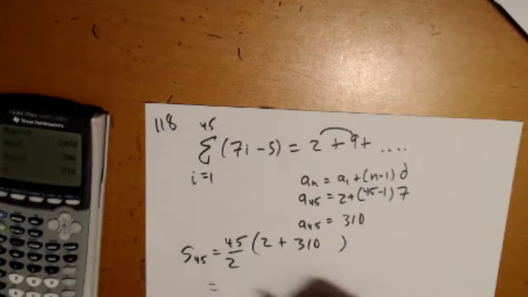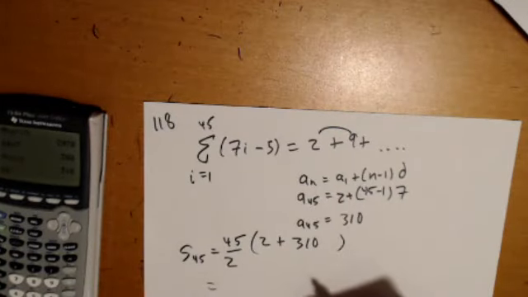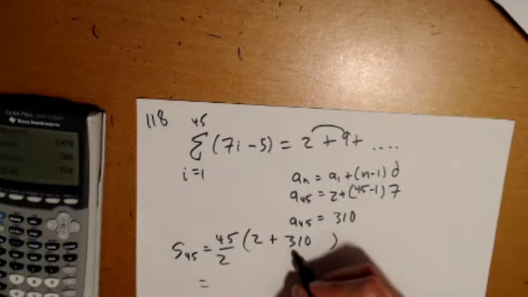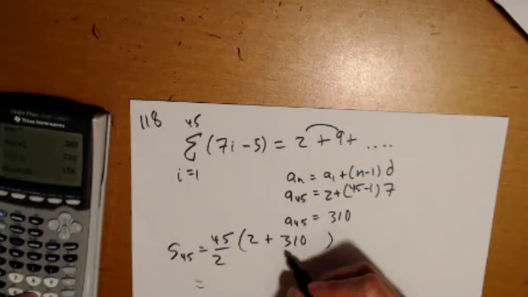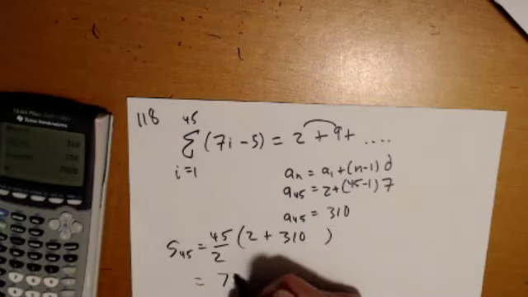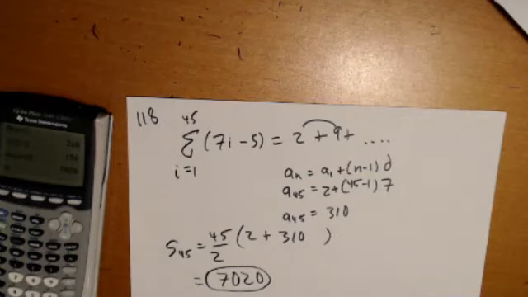Okay, so that's just going to be equal to 312 divided by 2, enter, times 45, enter, 7,020. Ta-da! And you should be good for 12 too now.